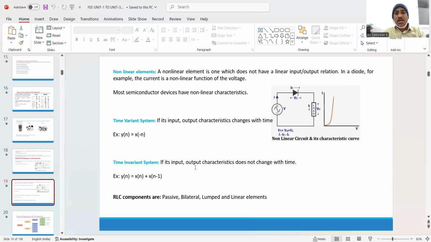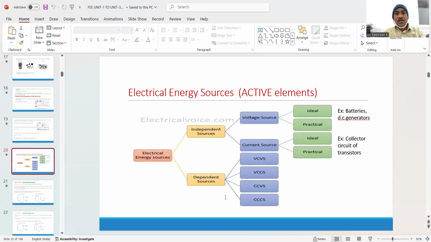And if the output characteristics don't change with respect to time, those elements we call time invariant elements. So in the case of RLC components, they are passive, bilateral, lumped, and linear elements.